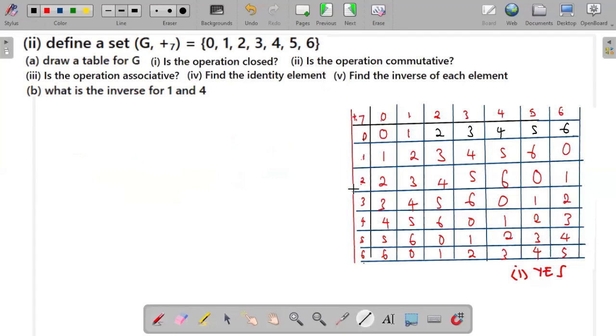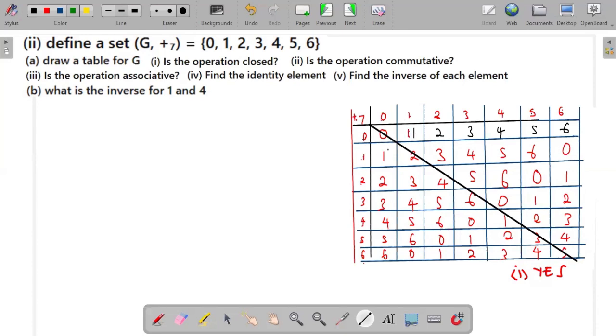But if you don't want to use this, you can use another method, just from the table. So from this table, I'm going to draw a straight line in the main diagonal. The main diagonal starts at this point here, and then it goes all the way to that point there. So you've seen the line that I've drawn there. Now you start checking what is on either side of this line.